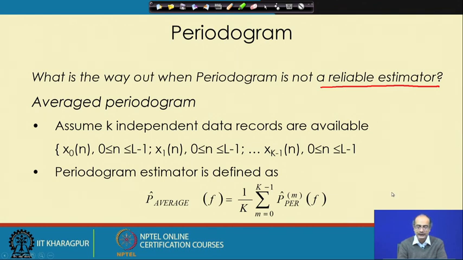So, that is the new estimate in front of us to take care of the problems generated by the original definition of the periodogram. Okay. So, let us see how far this average periodogram takes care of the problems we had earlier.